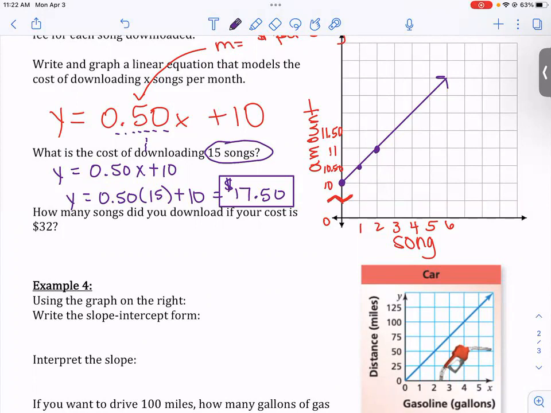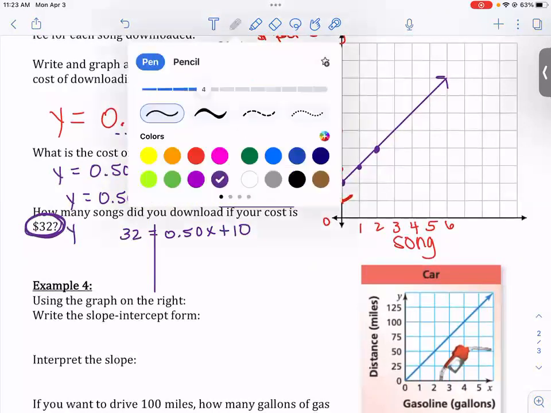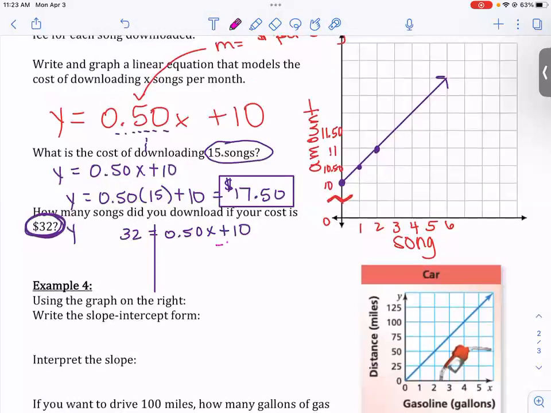So now, how many songs did you download if your cost is 32? So now that I have an amount, that is going to be the Y. Okay, so when we solve this, we are going to have to subtract the 10 over.